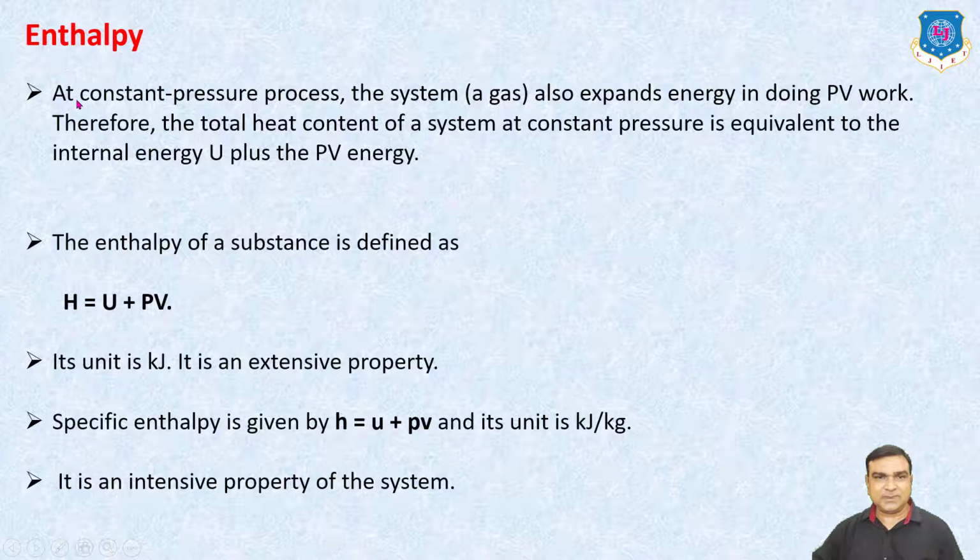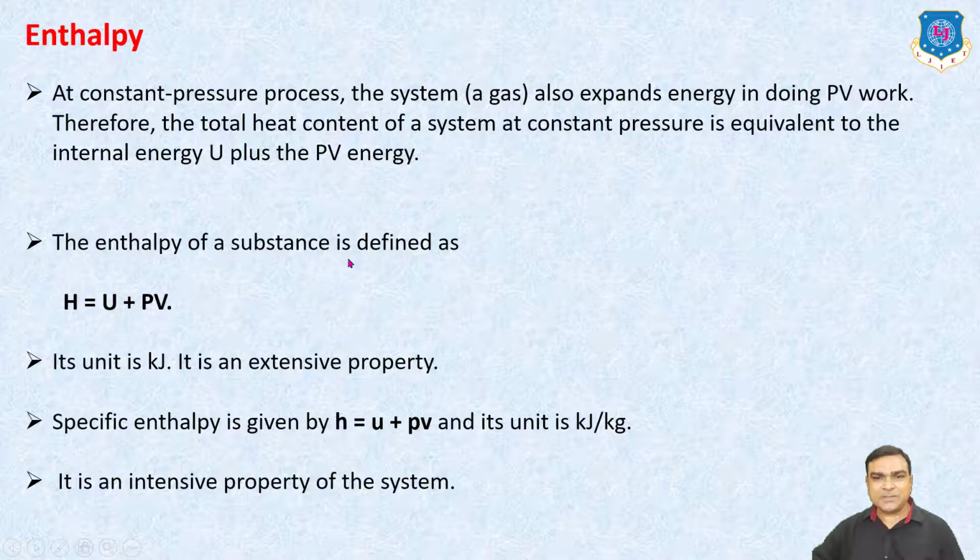Enthalpy. In a constant pressure process, the system, or you can say the gas, also expends energy in doing PV work. Therefore, the total heat content of the system at constant pressure is equivalent to the internal energy U plus PV energy.